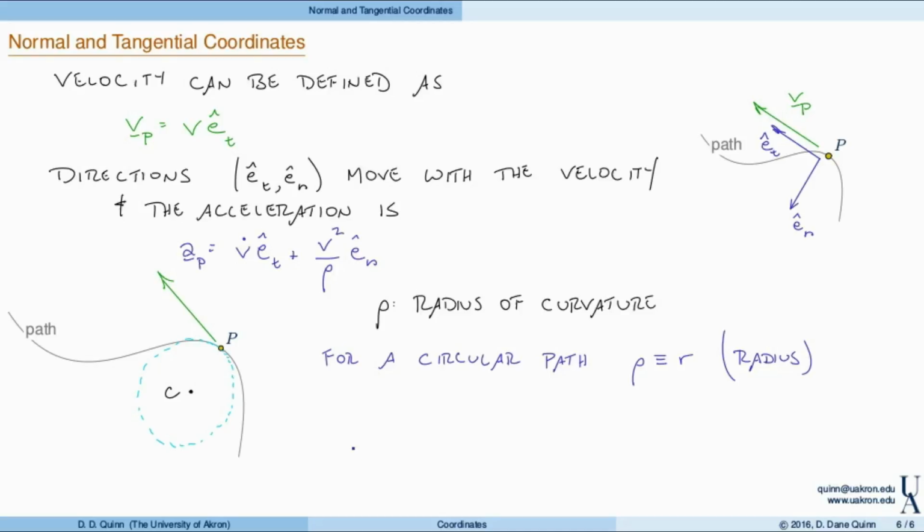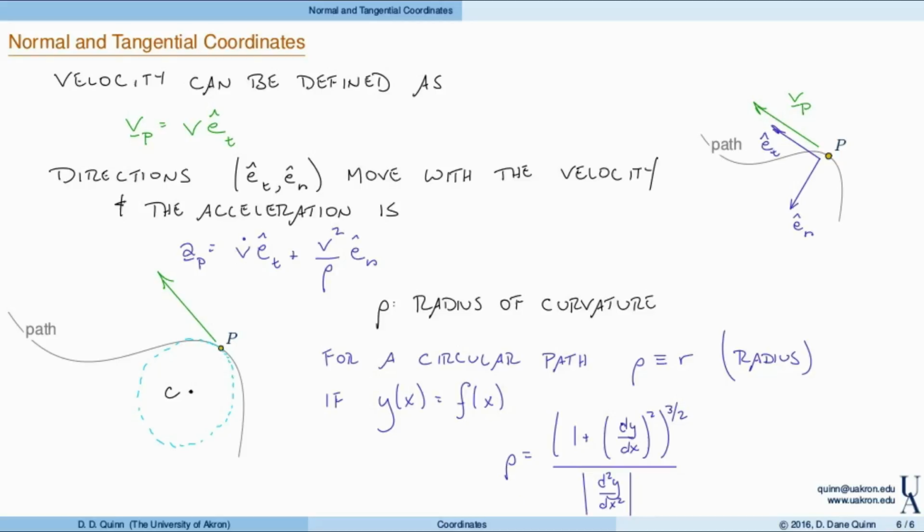If the path can be written as some displacement in the y direction as a function of displacement in the x direction, so y of x is again some function, then the radius of curvature is defined by this expression: 1 plus dy dx squared, and that whole thing to the 3/2 power, and then in the denominator the second derivative of y with respect to x.